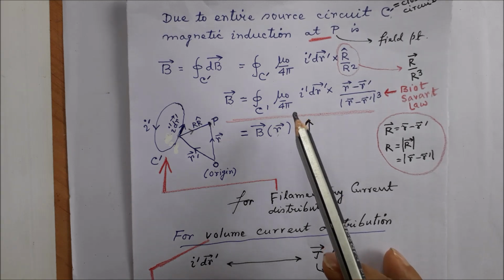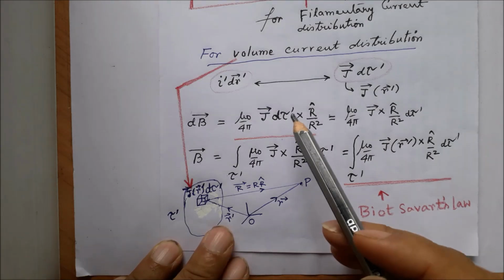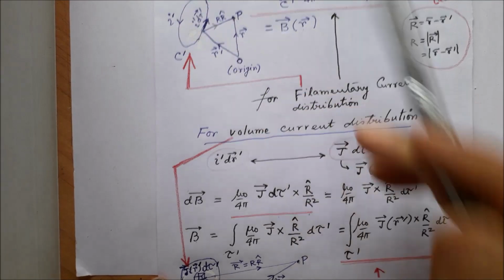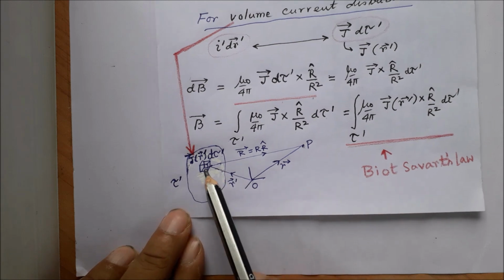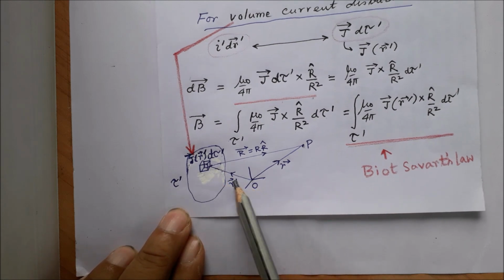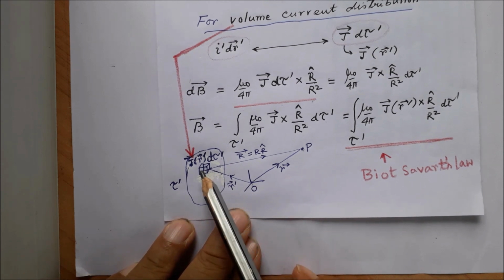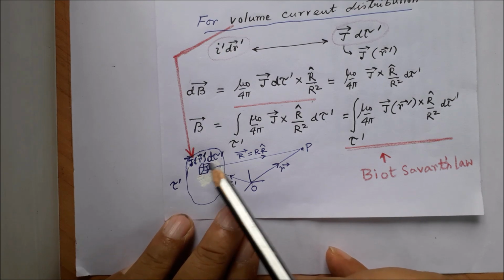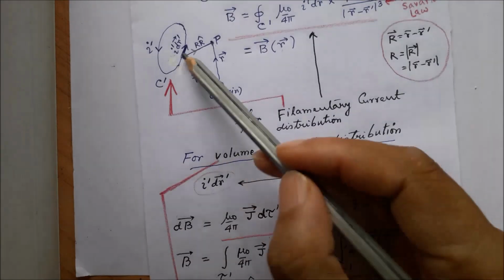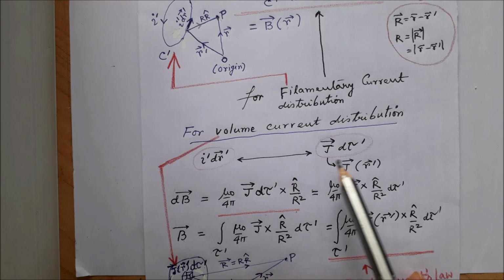Now what if instead of filamentary current distribution we have a volume current distribution? Then instead of a filament we have a volume, an element of which is d tau prime, which has position coordinate vector r prime with respect to origin. At vector r prime, the value of volume current density is vector J of r prime. So vector J(r prime) d tau prime is equivalent to I prime vector dr prime, as we did earlier in the switchover formula.